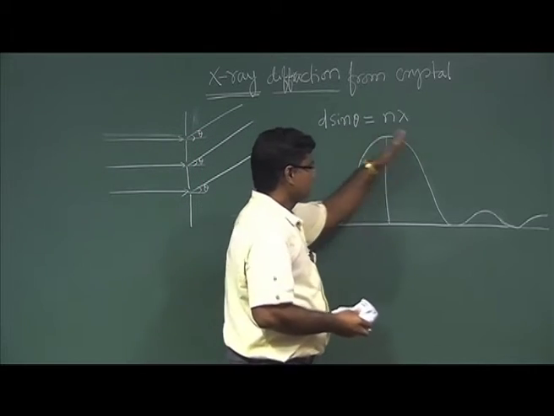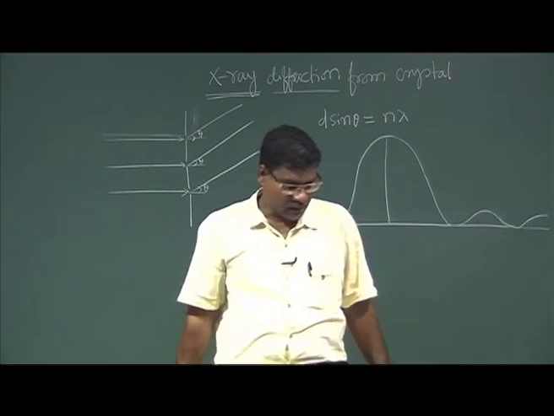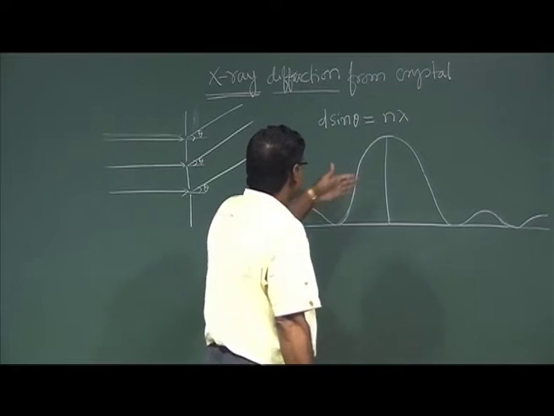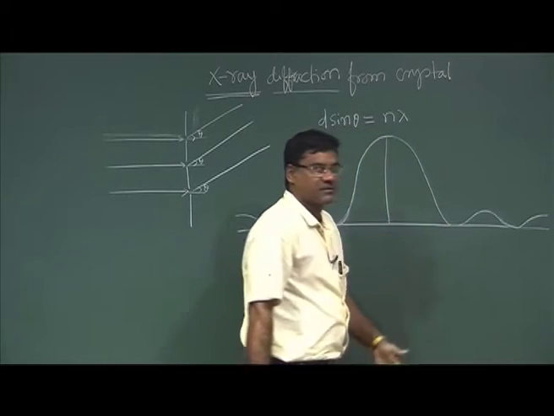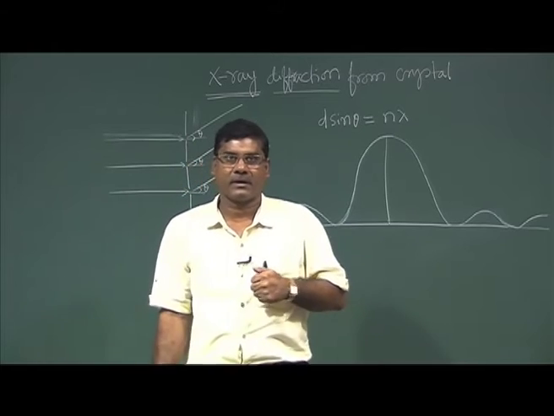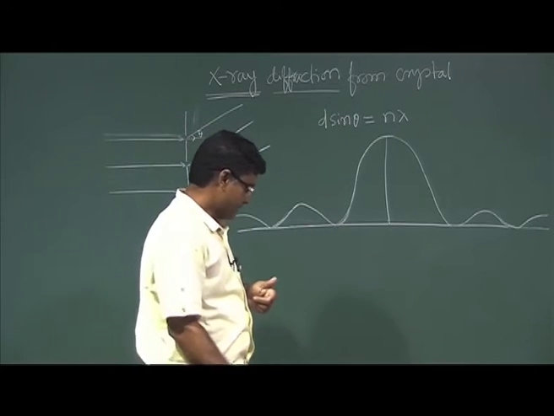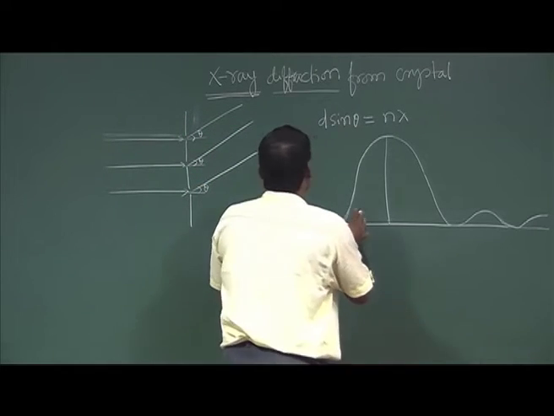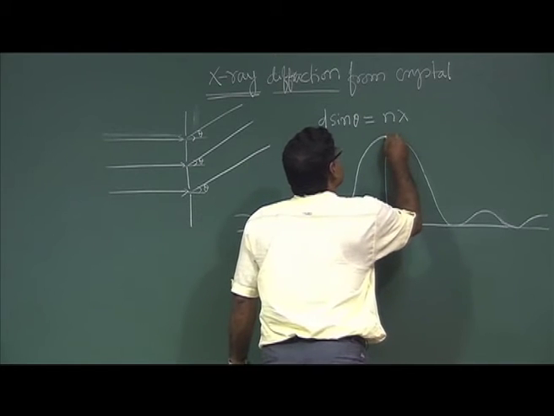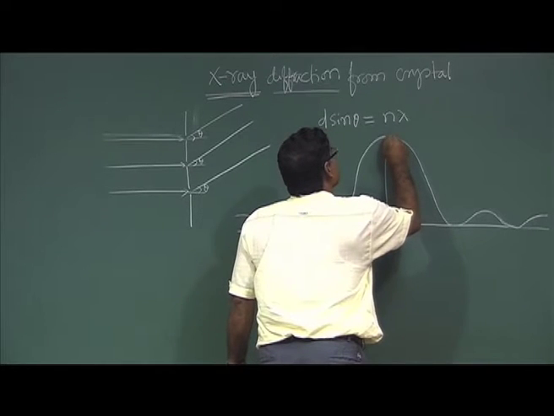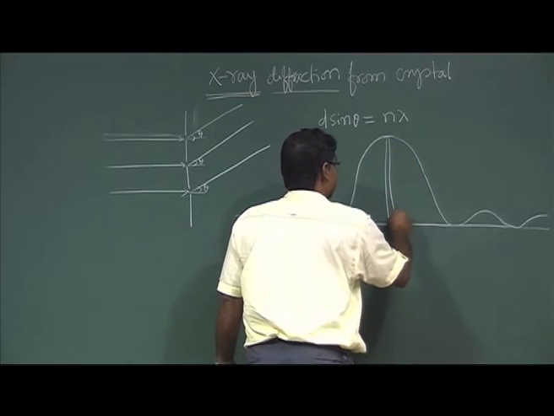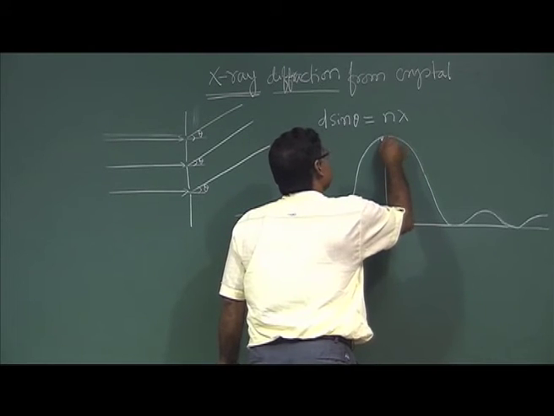So, this is the intensity distribution due to the single slit effect. And here we get principal maxima, which are due to interference.